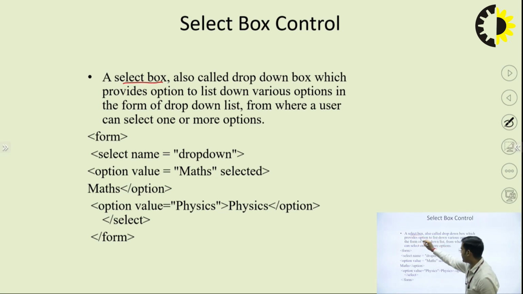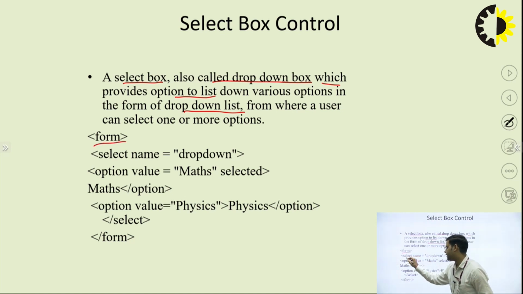So the select box, also called drop down box, provides an option to list down various options in the form of a drop down list. Suppose you want to create the drop down list regarding the subject or any other thing, so using the select box control, you can create the drop down list. Among the drop down list, you can select the particular option like this.